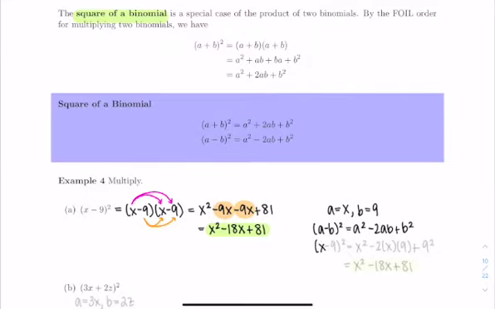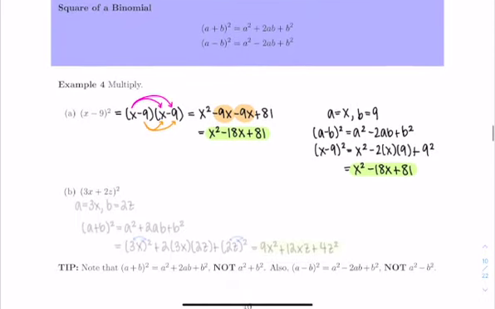And so x minus 9 squared is going to become a squared, which is x squared, minus 2 times x times 9 plus 9 squared. That gives me x squared minus 18x plus 81. So it's the exact same thing. So if you forget the formula, you can always just go ahead and multiply like we've been doing.